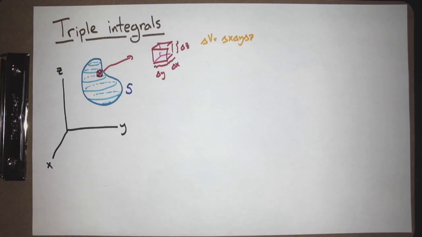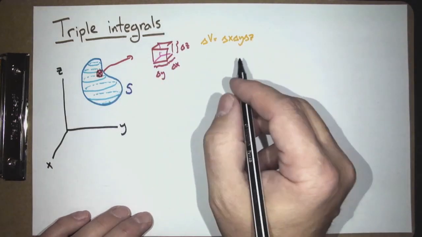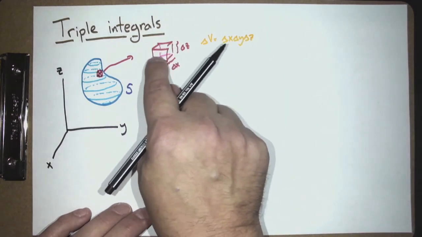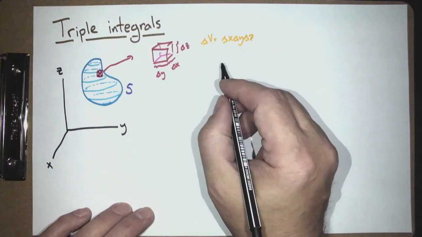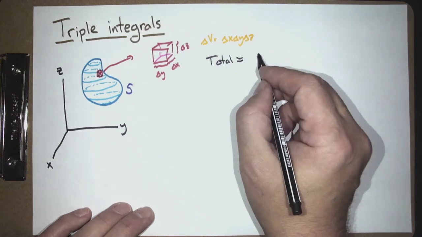And then you say, okay, so what do you do? Now that we've chopped things up, the nice thing is if we're trying to find a function, in a little piece we can treat functions like constants. So our total is approximately the sum.